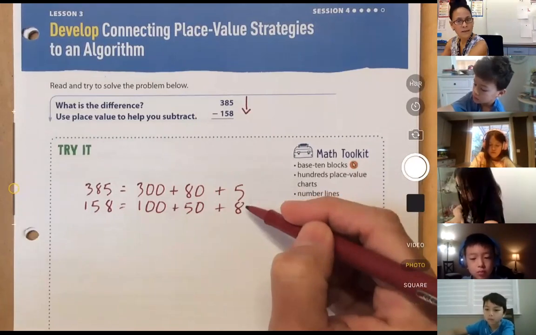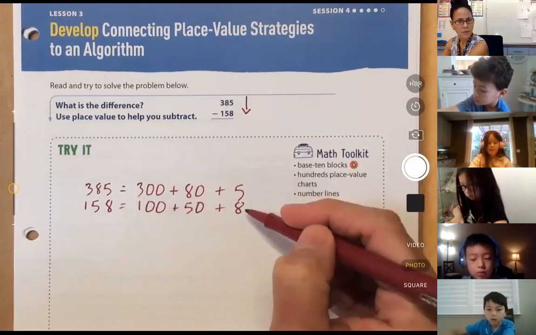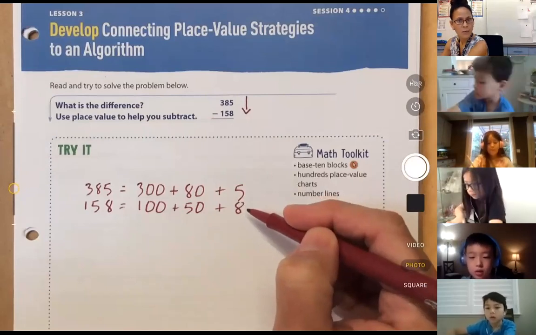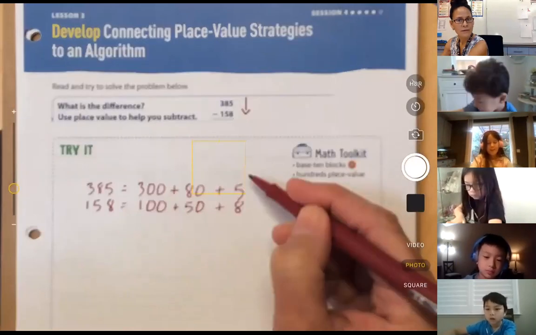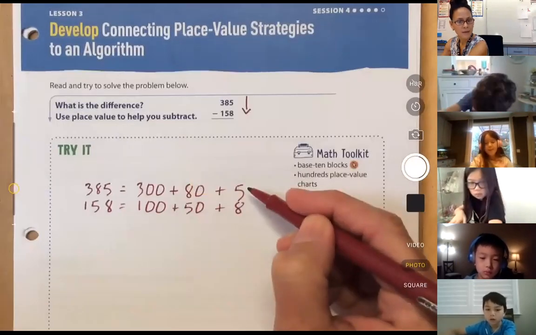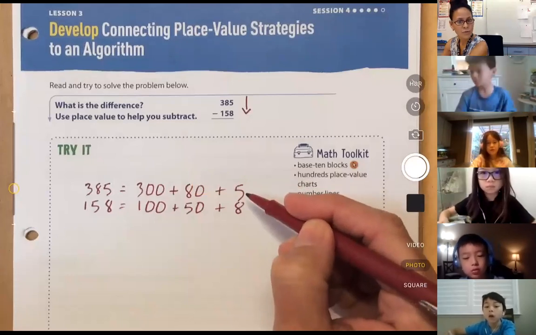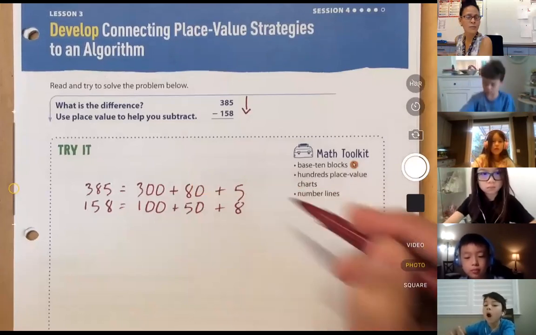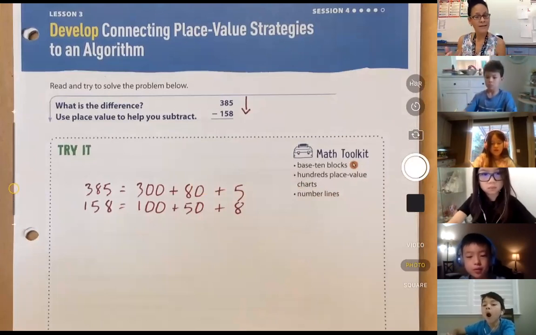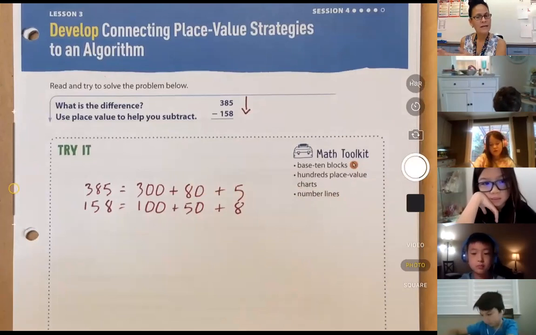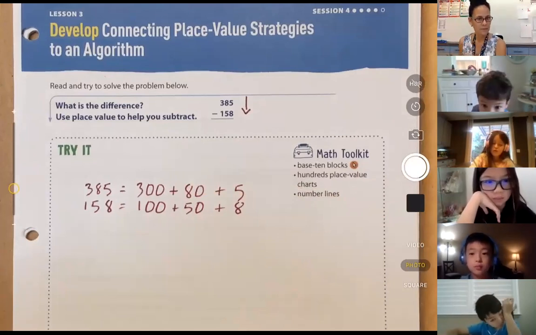Why? Because this bottom number here, 158, is showing 8 ones, which is smaller than the 5 ones above it. We cannot take 8 away from 5. I do know I'm going to have to regroup or create more ones to make this subtraction possible.